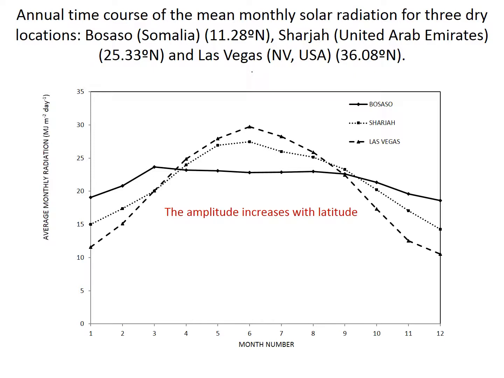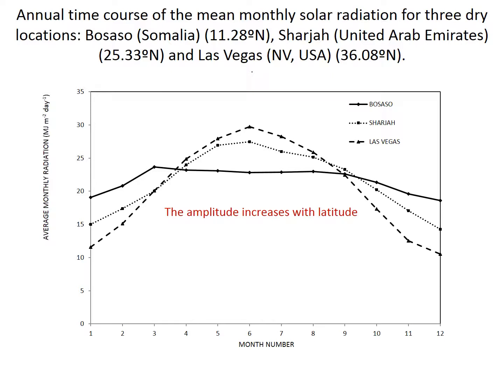Here we show the idea of the amplitude in the solar radiation curve throughout the year. We have three locations: Bosaso, Somalia, 11 degrees north; Sharjah in the United Arab Emirates, 25 degrees north; and Las Vegas, USA, 36 degrees north.